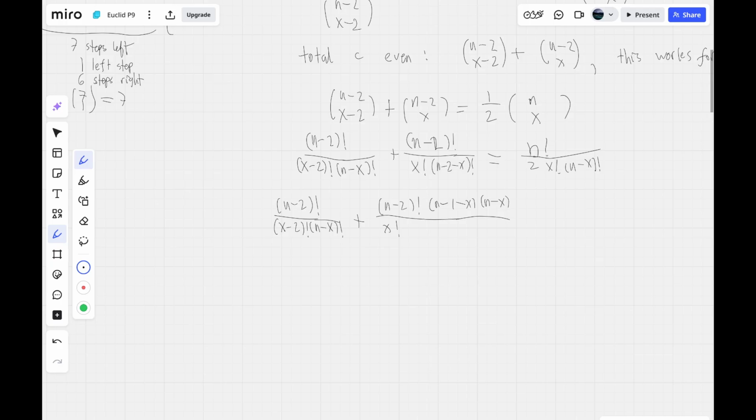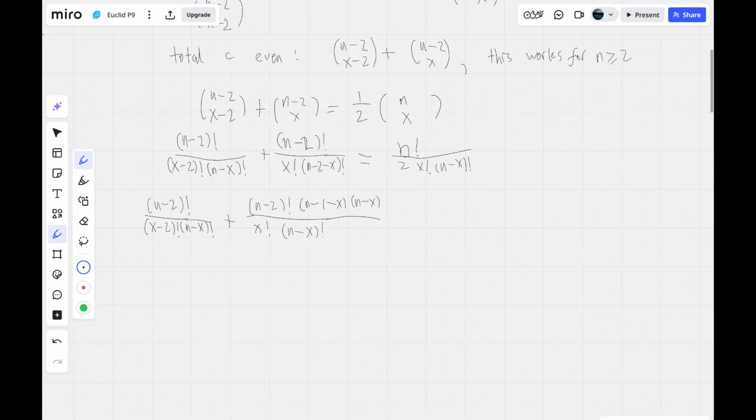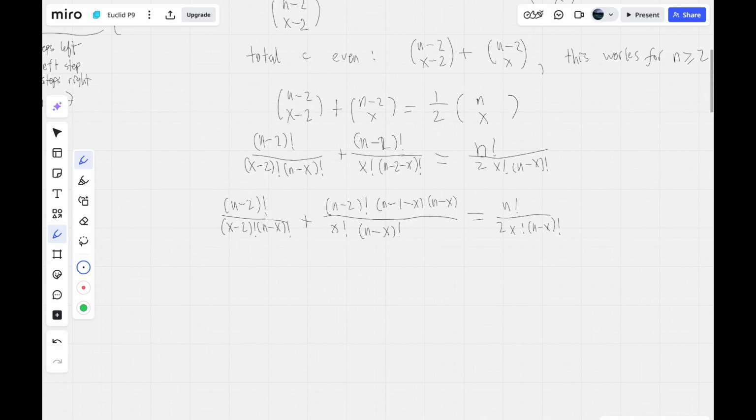So that's just equal to n minus x factorial. And that is equal to n factorial over 2x factorial n minus x factorial. So now we have n minus x factorial in the denominator for all three. So we can just multiply both sides by n minus x factorial to cancel.